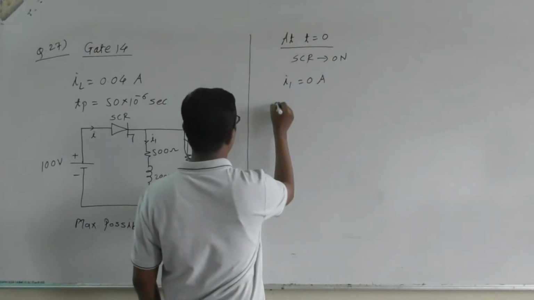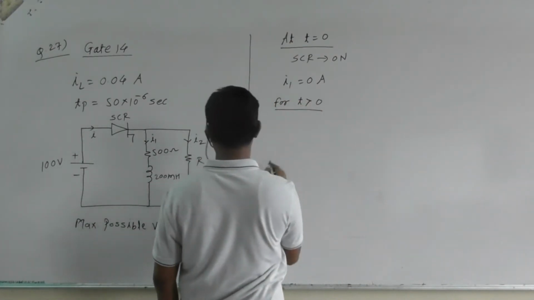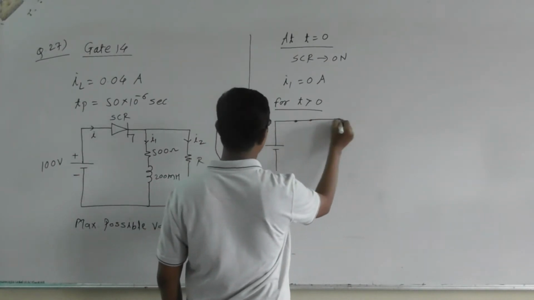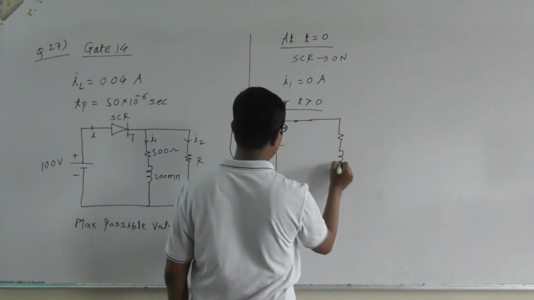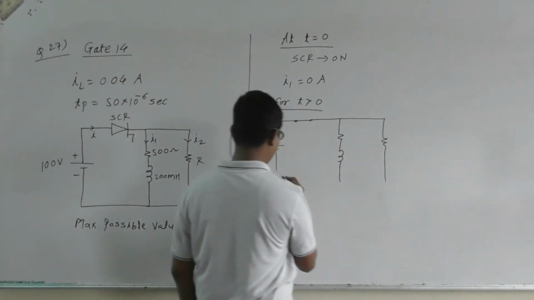Next, for T greater than 0, can we draw the circuit? The SCR will be acting as a short circuit, resistor, inductor, and here the unknown resistor.